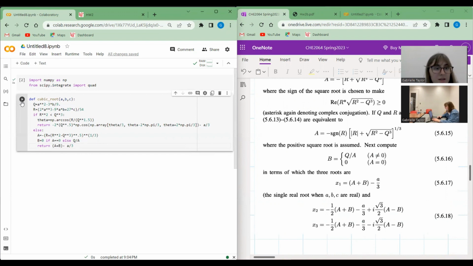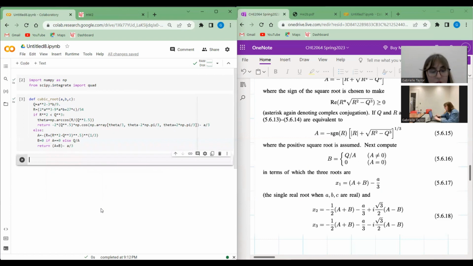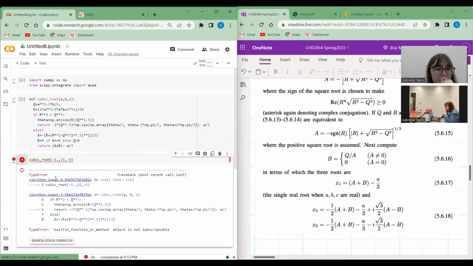Okay, let's see if this is correct. Let's check to see if it works. I know that if you do negative 6, 11, and negative 6, you should get coefficients as 1, 2, and 3.